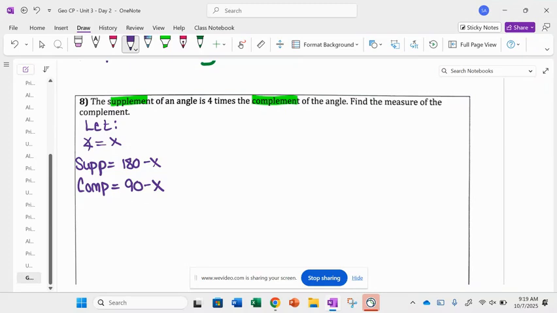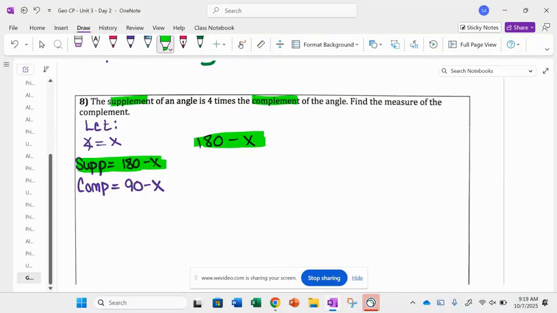So now we're going to translate these words into an equation. It says the supplement of an angle. Well, didn't we say the supplement was 180 minus x? So I'm going to write that down: 180 minus x.